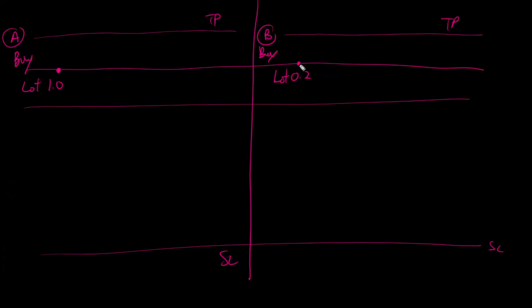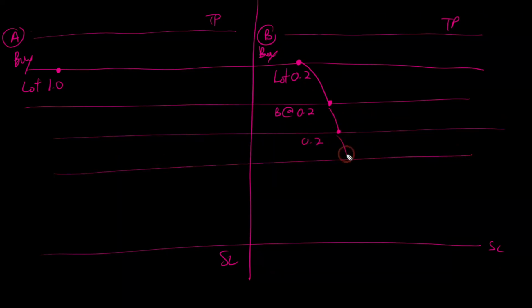Meaning that when the price comes down from where you bought, candidate B will buy again at 0.2 lot. If it's coming down further, it will buy 0.2 again. Down further, 0.2 again. Down again, 0.2 again.